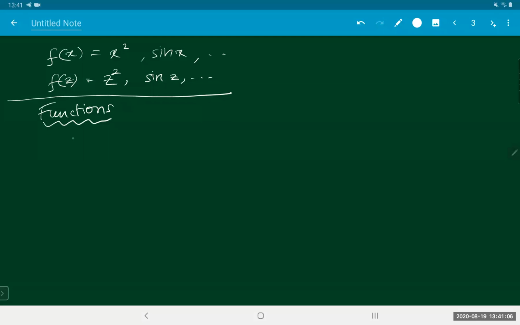So what you're saying is, suppose I'm saying f of x is x square. It's like a machine called f. It takes a value x and then it spits out a value x square.